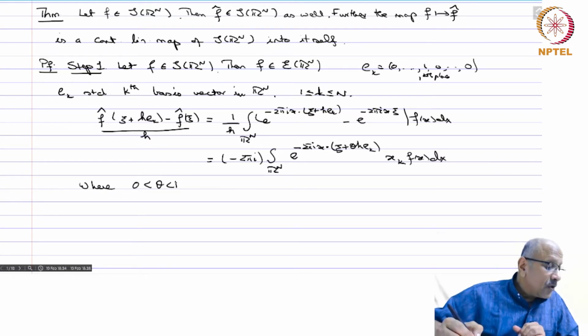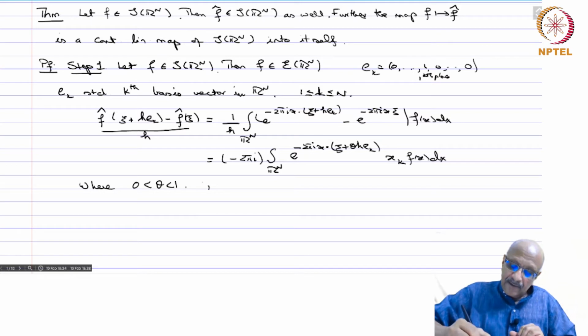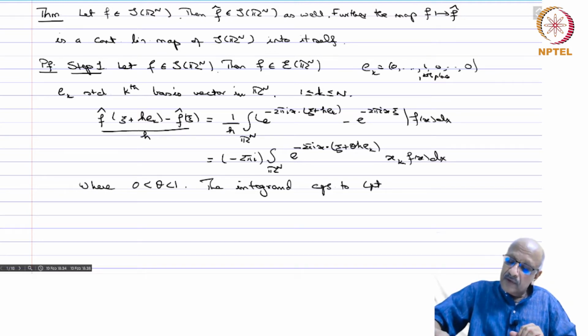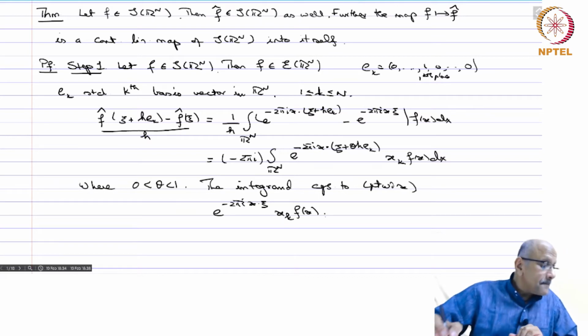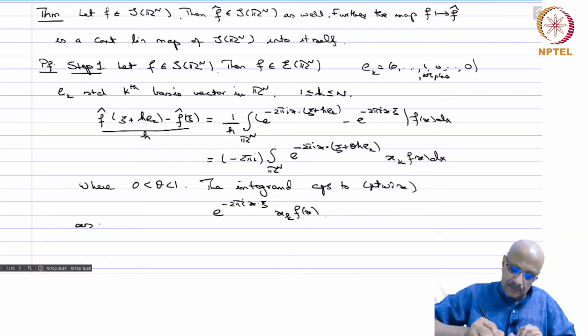Now the integrand converges pointwise to e power minus 2 pi i x dot xi times xk f of x as h goes to 0.